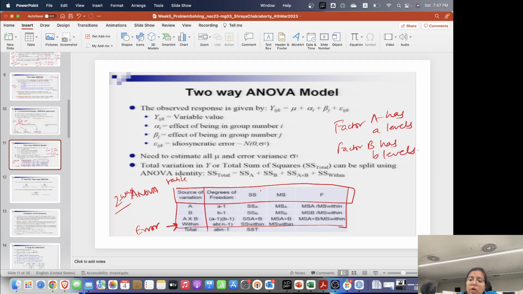Then their corresponding degrees of freedom will be A minus 1 and B minus 1. For interaction it will be the product of A minus 1 and B minus 1, and for within it will be AB into n minus 1.